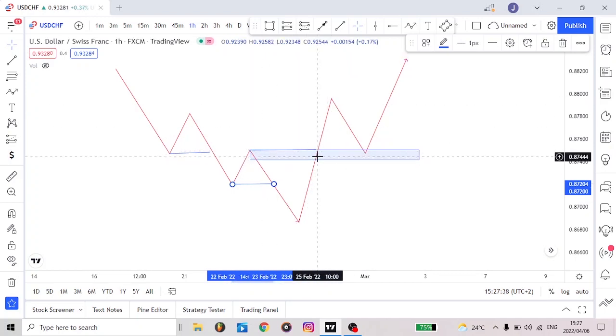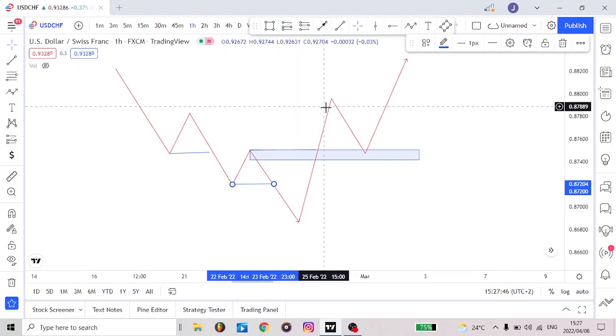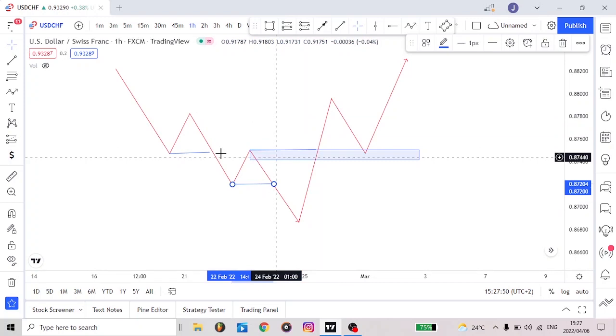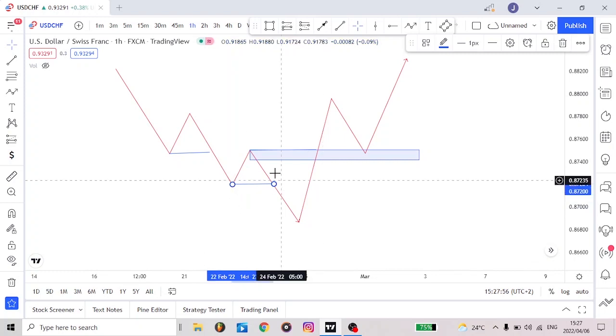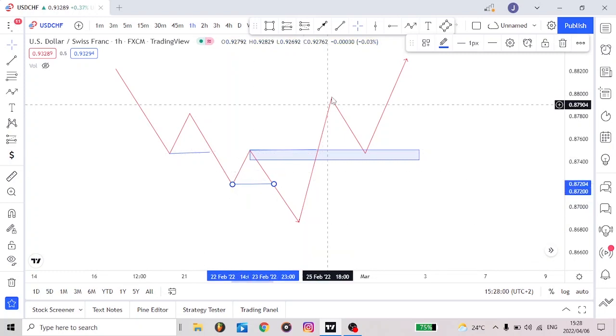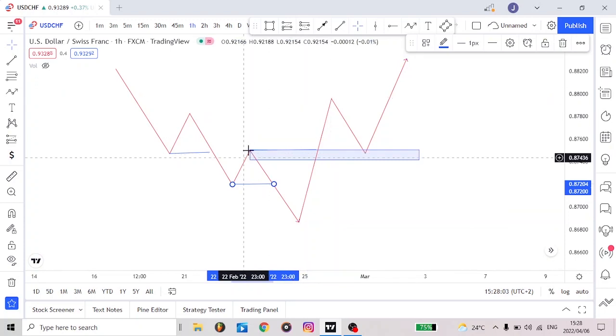Remember, for a change of character to the upside, the previous high must be taken out, and for that previous high to be called a previous high, it must have taken out the previous low. So this is now a previous high. The previous high got taken out, and that previous high had an order block, so the order block got violated.